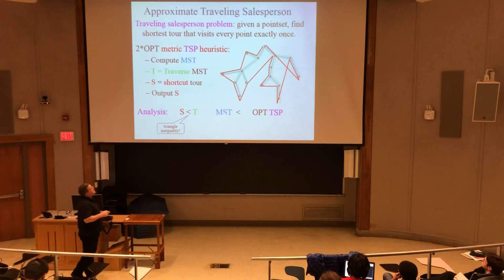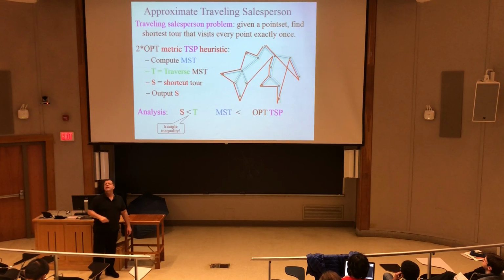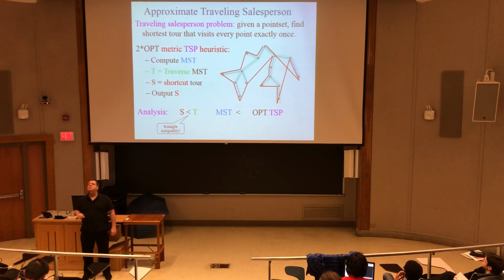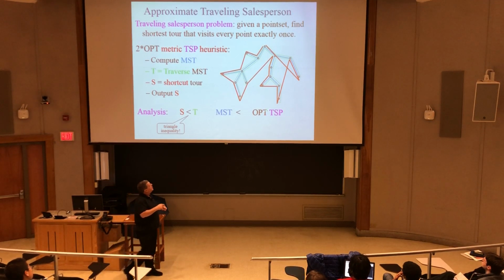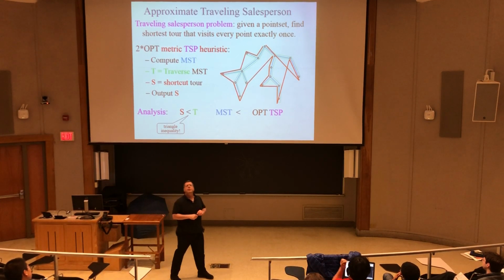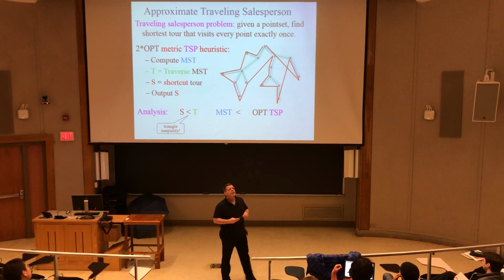Separately, the minimum spanning tree weight is less than the optimal traveling salesman tour. Even though we don't know what the optimal traveling salesman tour is, we know it's at least as costly as the minimum spanning tree. Why? Why is this true? The minimum spanning tree is always less than the optimal traveling salesman tour, salesperson, I should say, tour.